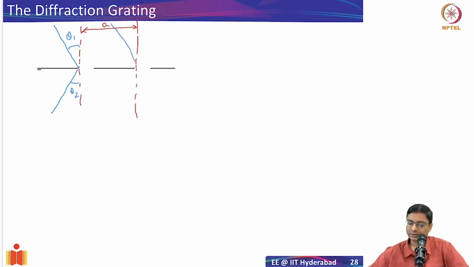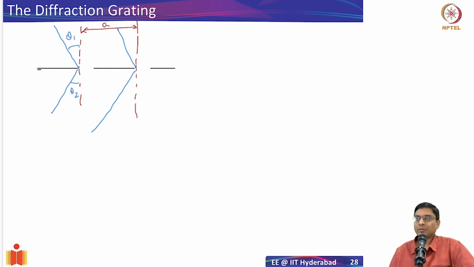Sorry, my drawing is not very neat, but this is my angle of incidence, and then there is an additional wave which bends like this. So one important feature to recognize is, what is the path difference between these two rays? One ray is incident on the first slit and the second ray is incident on the second slit. So how much is the path difference?